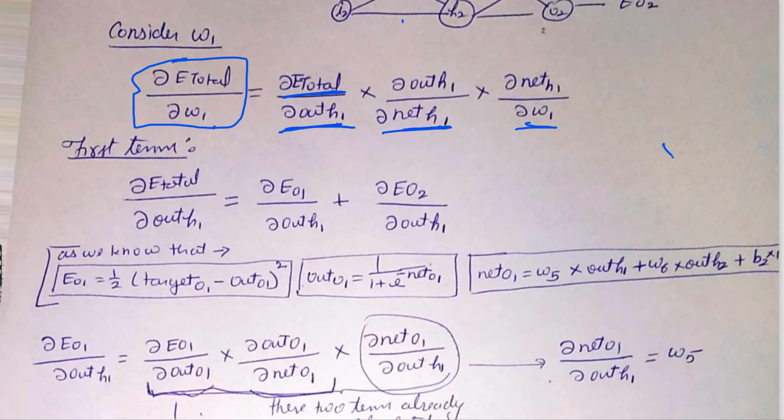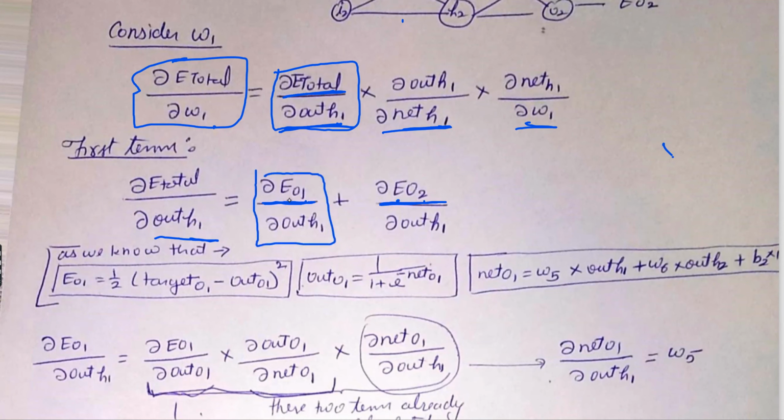Let us understand the first term, E total with respect to output H1. How will we calculate this? We know that E total is the error of output 1 and the error of output 2. So we will differentiate with respect to error O1, and with this error we calculate E total, with error O1 and with error O2.